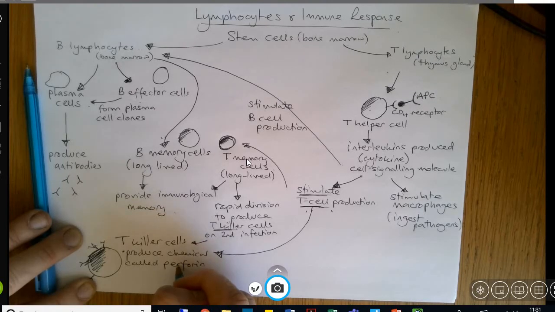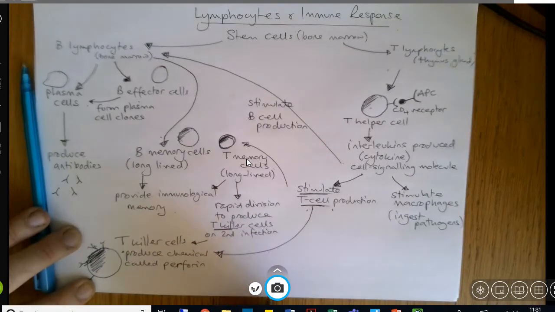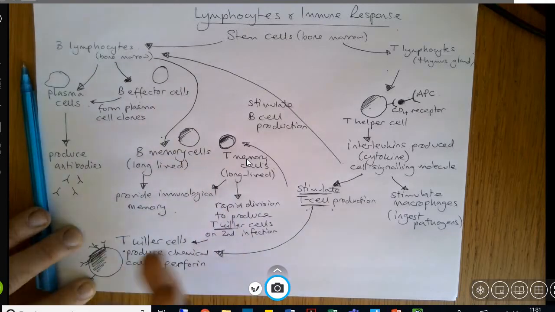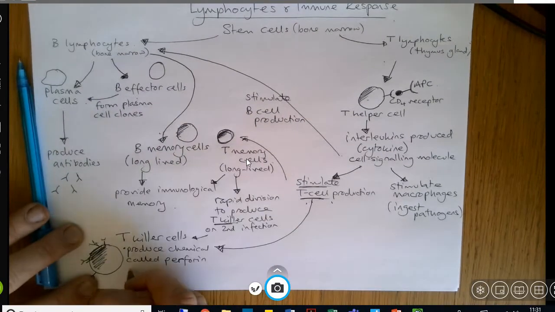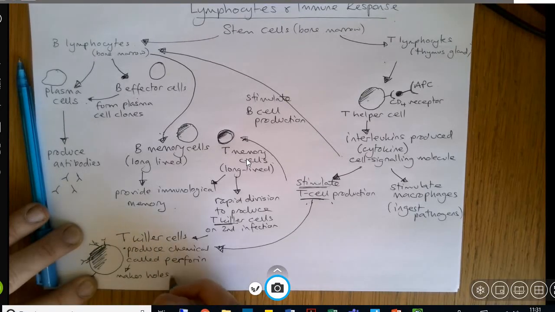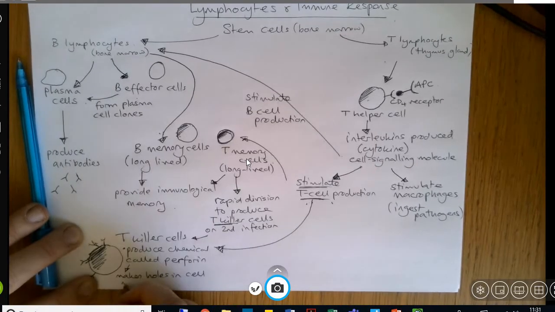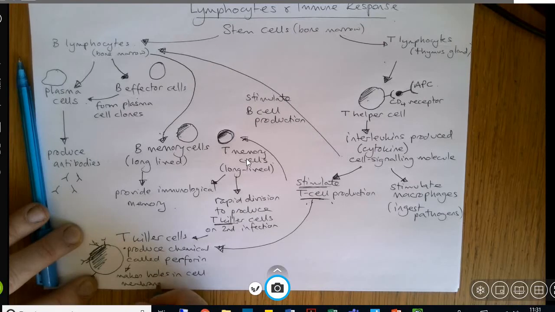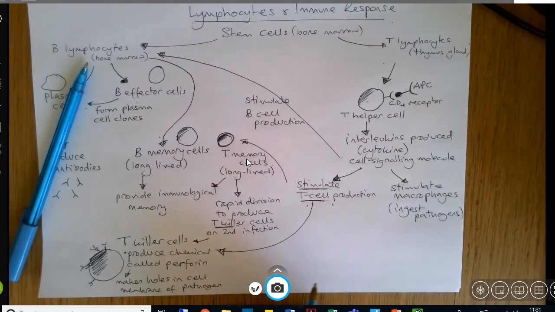Now, the name kind of implies it's something to do with perspiration, but what it does is it makes holes in the cell membrane of the pathogen. That enables other things to get in across the membrane and for it to be destroyed.